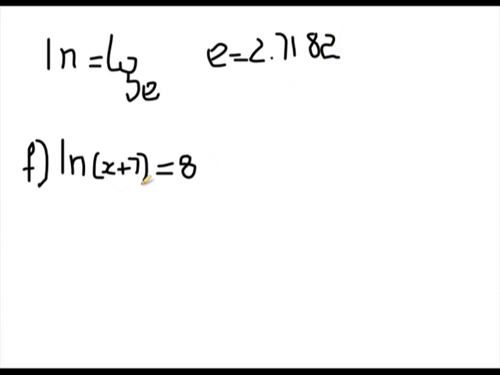Now the same process I'm gonna do. Remember, the result of a logarithm is the exponent necessary to raise the base in order to get x plus 7. The base here is e, so this is log base e. So e to the power of 8 equals x plus 7.